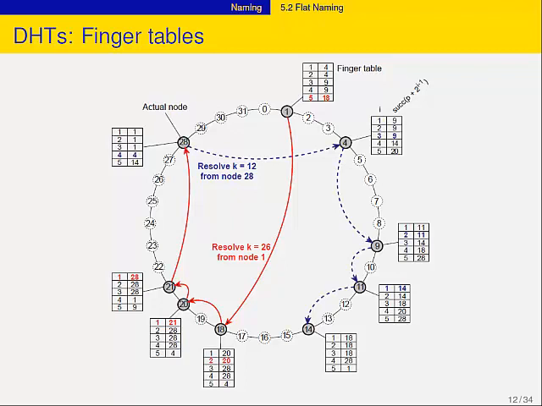Now pretend you're a computer. 28 looks at 12, says 12 is smaller than 14 and larger than 4. So I go to 4. It says, here 4, I got a request for resolving key 12. I don't know who's responsible for key 12. So the request comes to 4.